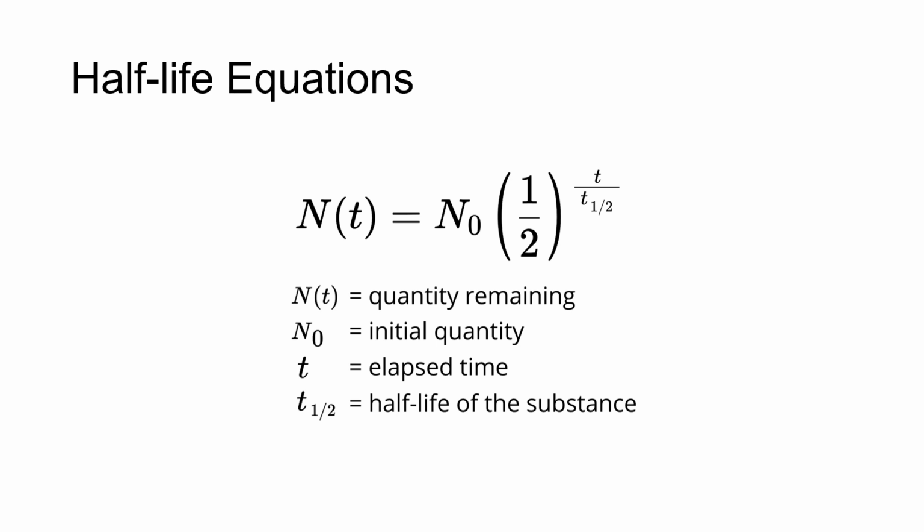This can also be thought of as activity remaining, so it could be either the amount of material remaining or the amount of radioactivity remaining. And N_0 is the initial quantity, so again it can be either the initial amount of the substance or the initial amount of activity given off by the substance. Lowercase t is the elapsed time, and t half is the half-life of the substance.